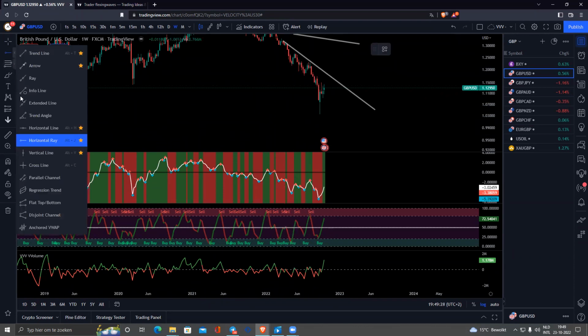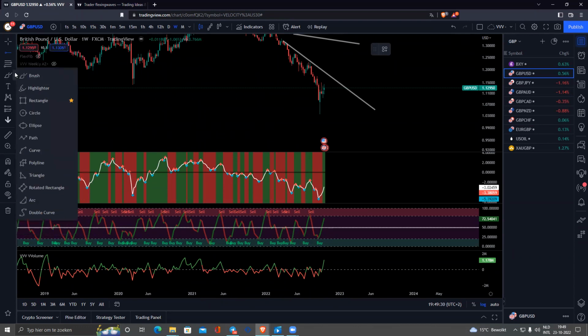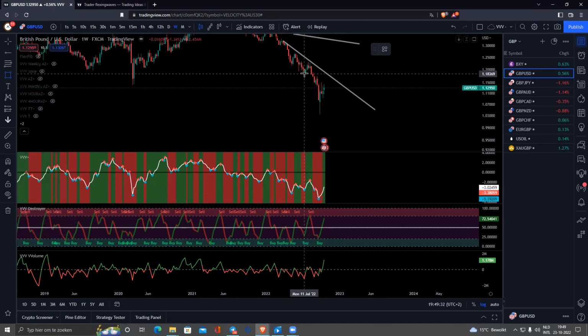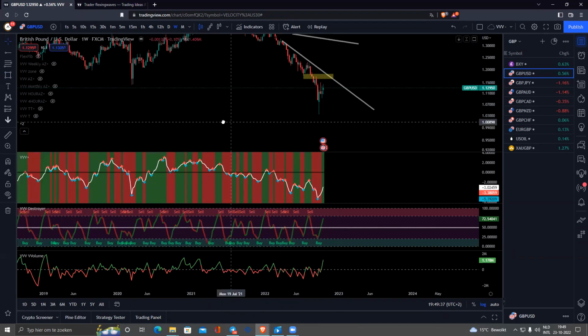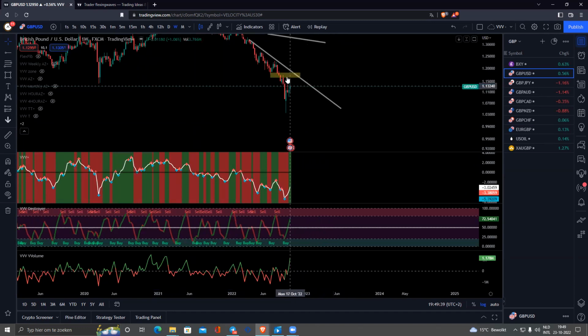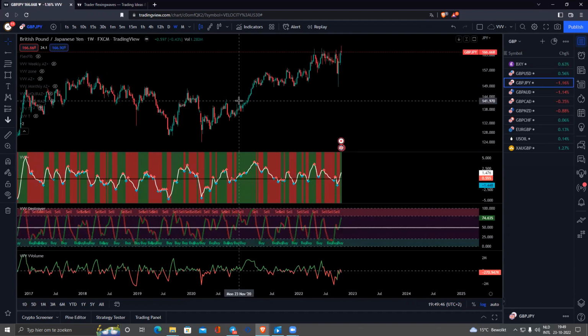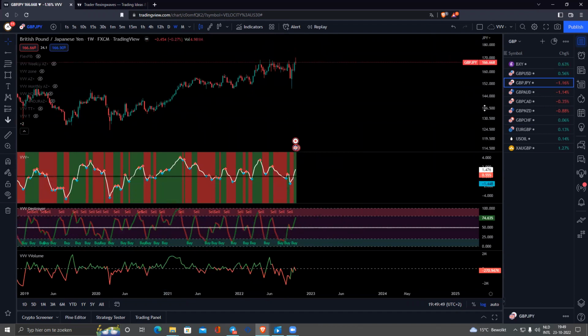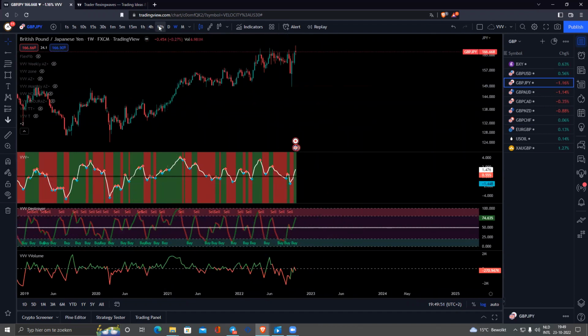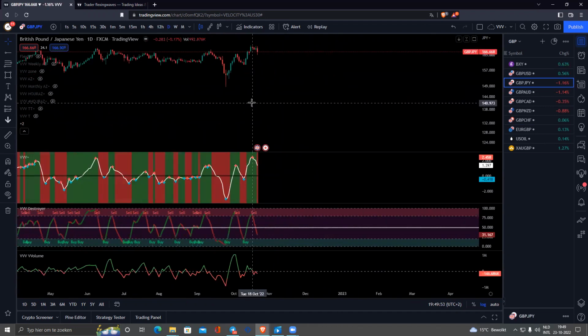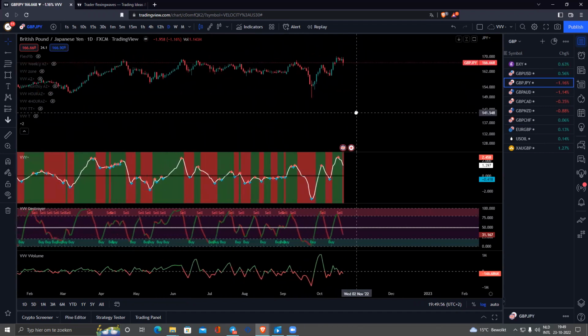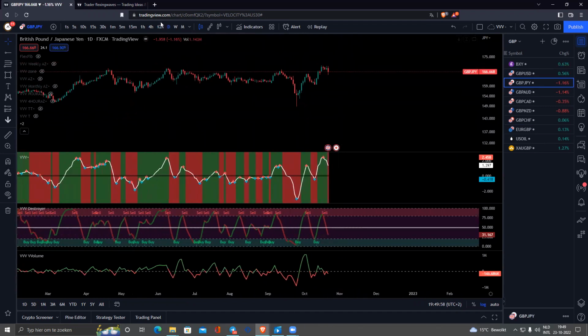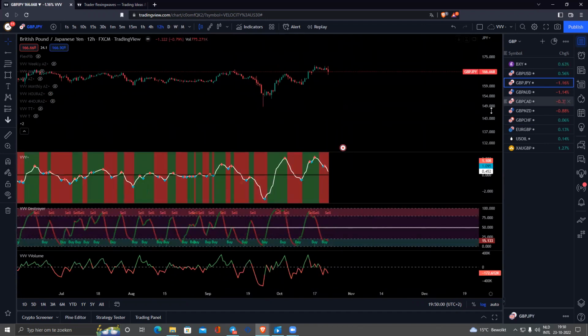Better. Like this. This will be a key point here. The GBP, GBY. Yeah, the start will be interesting.